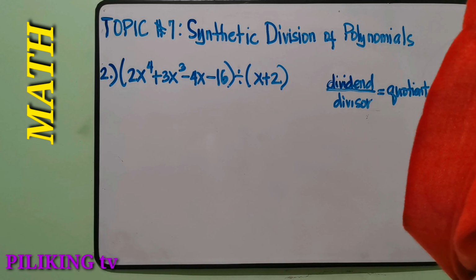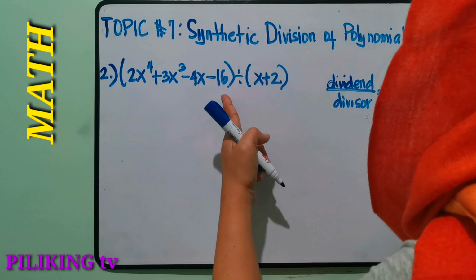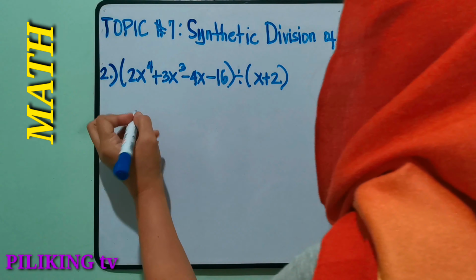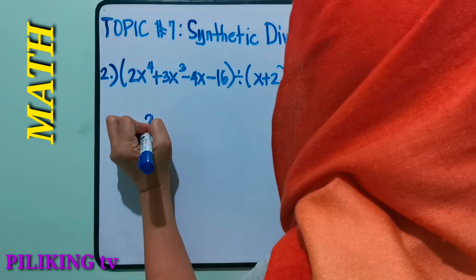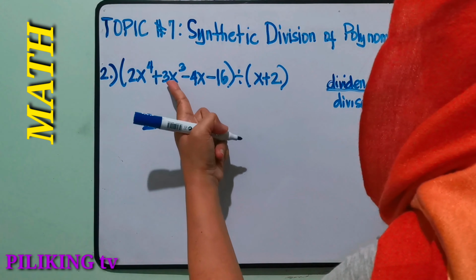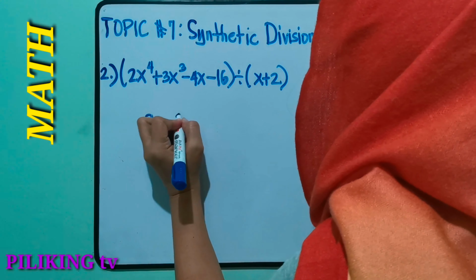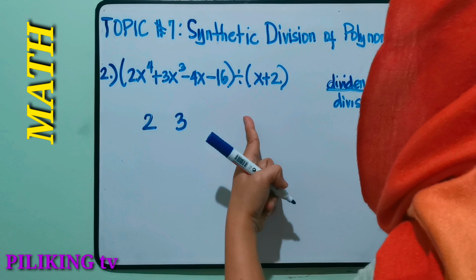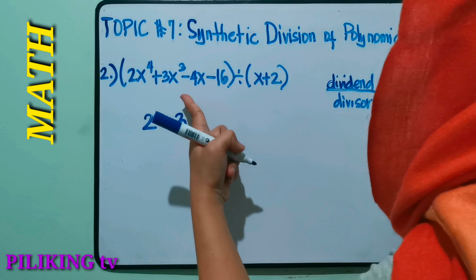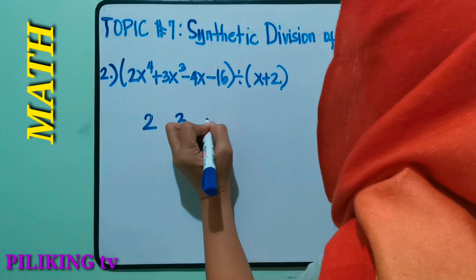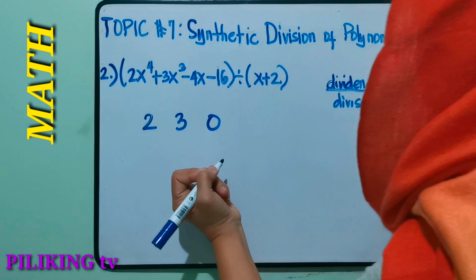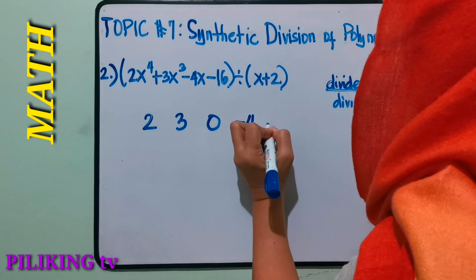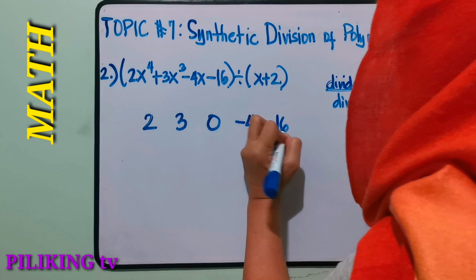Let us now write the coefficient of each of the terms. The coefficient of 2x raised to 4 is 2. The coefficient of 3x cubed is 3. Then, we do not have x squared, so we have to insert 0. Then we have negative 4 and negative 16.